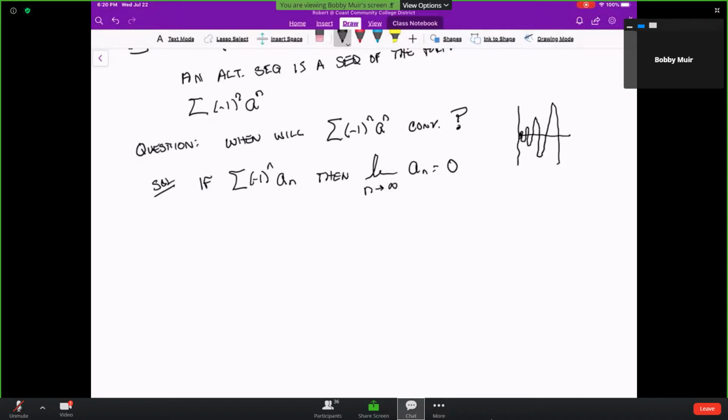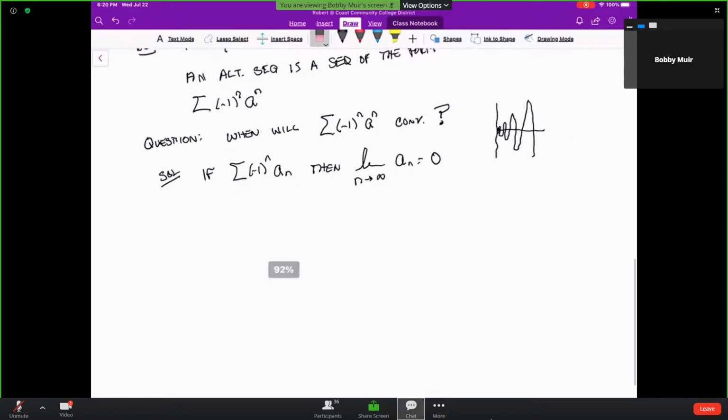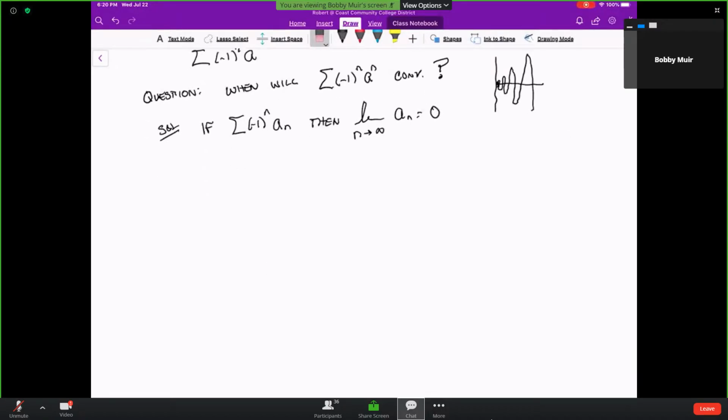So if we were to look at the nth partial sum, let's look at S sub 2.